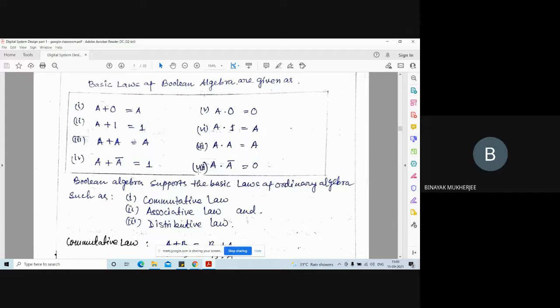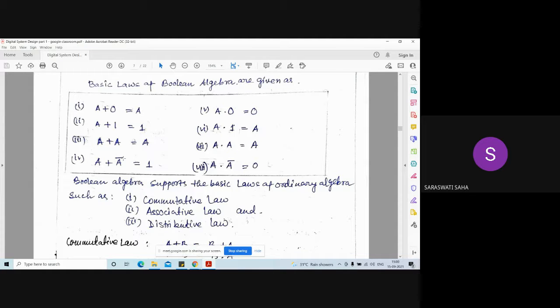So, this is a rule. Ma'am, how does A bar become 1? A bar means A complement. If we put A as 0, then what will be the complement of A? 1. Right? We will get it actually using the NOT gate. Just see the expression, okay?